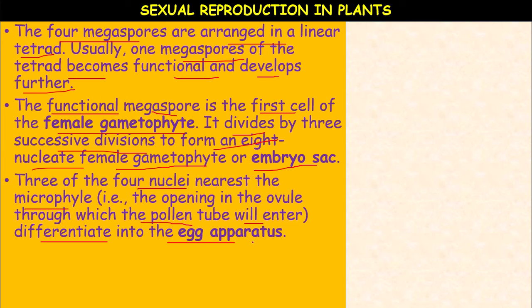Enclosed within the integuments there is a mass of cells called the nucellus. The cells of the nucellus have abundant reserve food materials, and located in the nucellus is the embryo sac. This embryo sac is called the female gametophyte. An ovule generally has a single embryo sac formed from a functional megaspore. The process of formation of megaspores from the megaspore mother cell is called megasporogenesis.